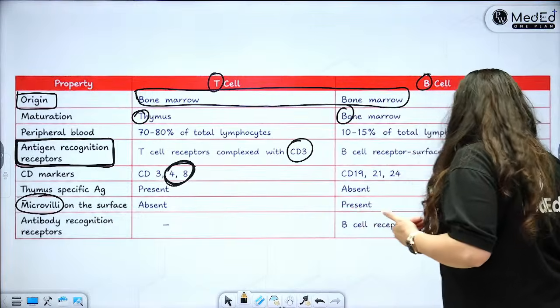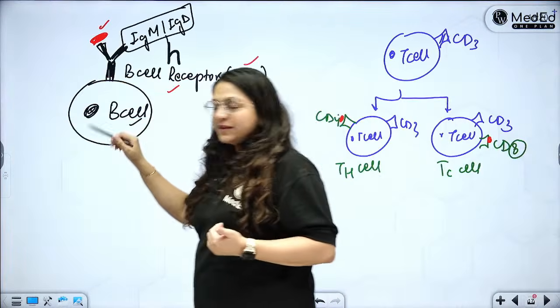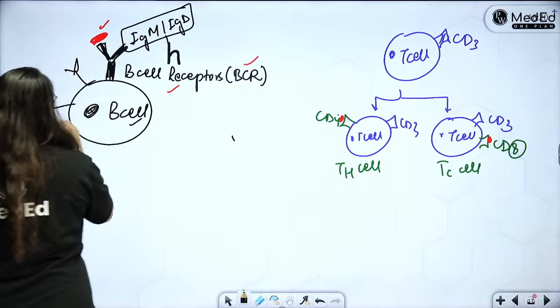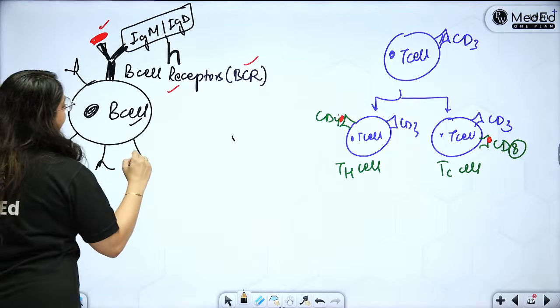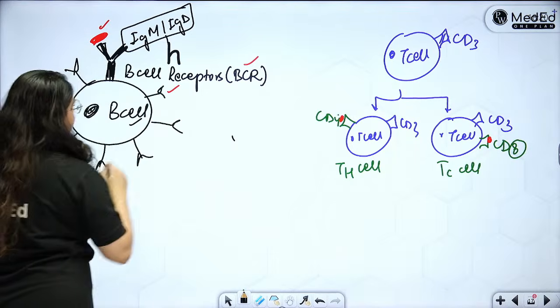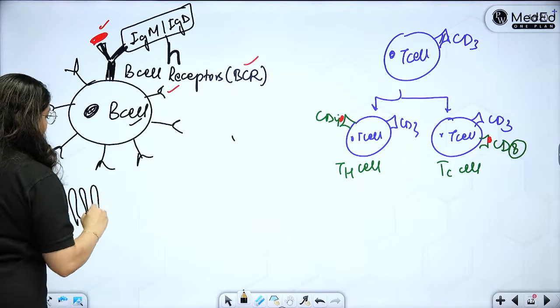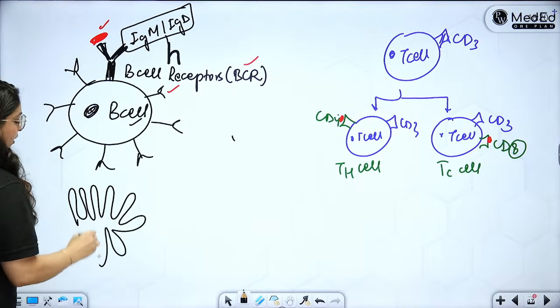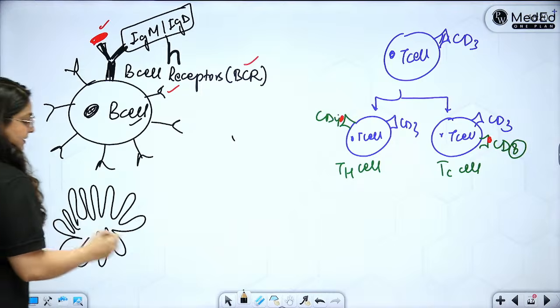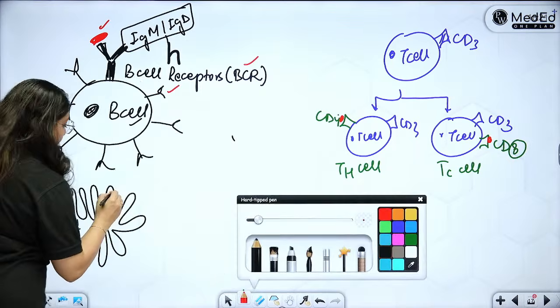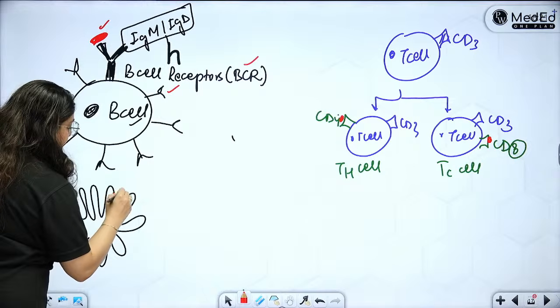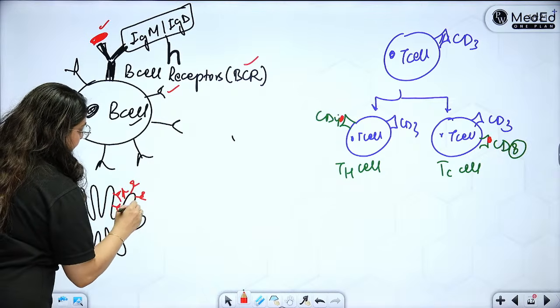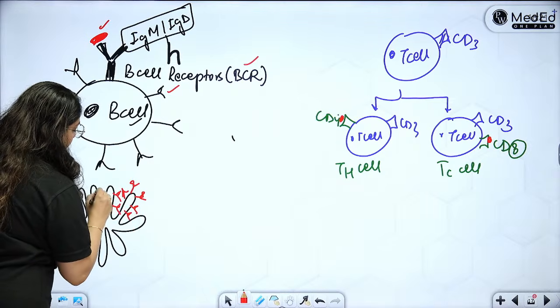So just look at this. If this B cell receptor is present on the surface of a B cell, how many can it accommodate? A sphere can only accommodate a limited number of B cell receptors. But what if this cell has a shape like this? Okay, if the shape is like this, then in each and every area these B cell receptors can be there. So that increases the number of B cell receptors by a lot.